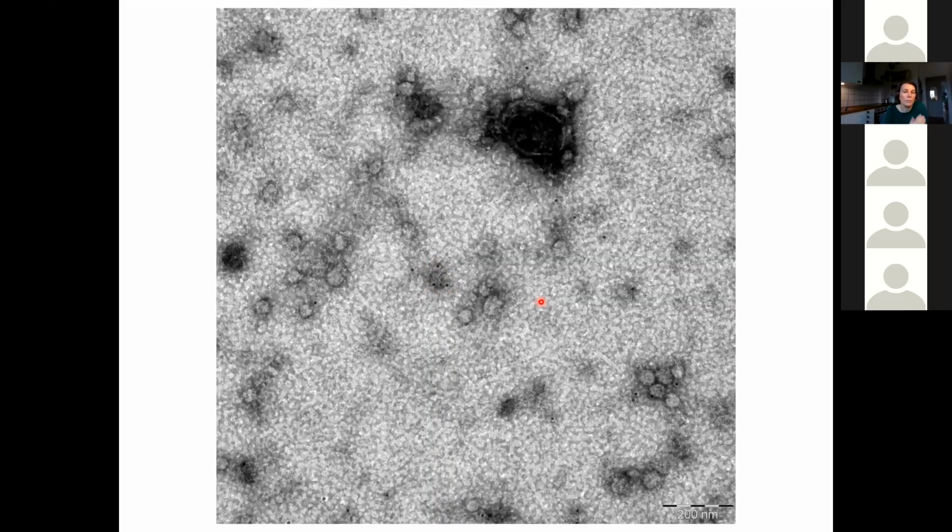But if you show the full picture, you actually have a lot of vesicles that are not CD63 positive. And you also have some staining that is actually unspecific, so it's not even with a vesicle. This is why you need to show the full picture and be honest about your whole sample.